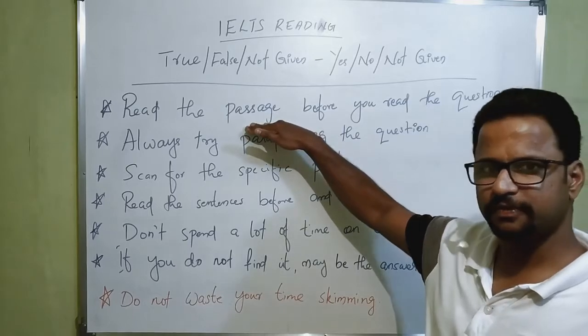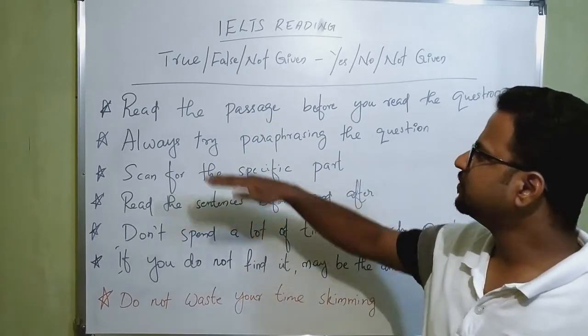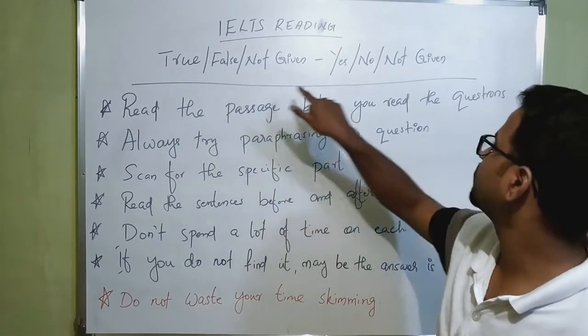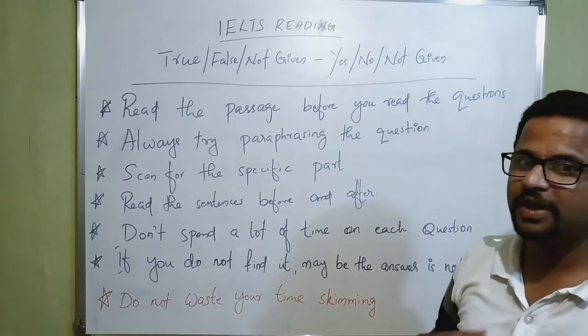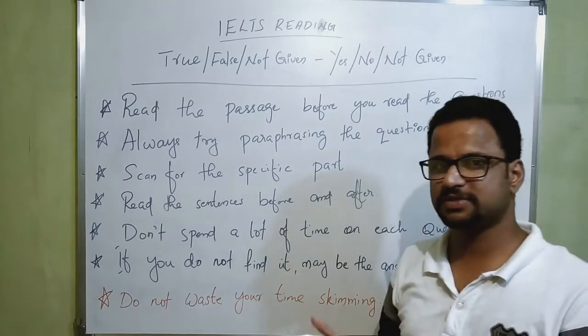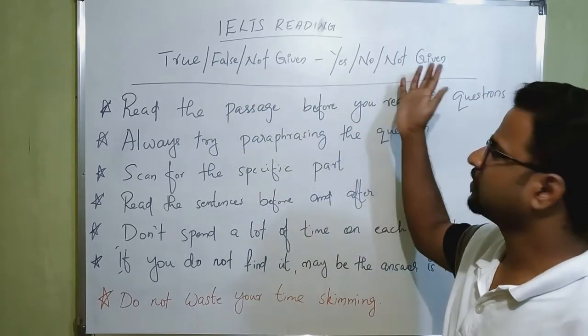You better read the passage before, the content before, so that your brain won't be fed with the false or not given or no or not given information, because most likely if there are 4 or 6 questions, half of it at least would be false or not given or no or not given.